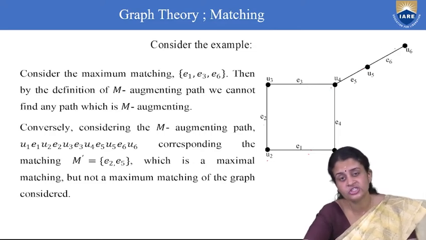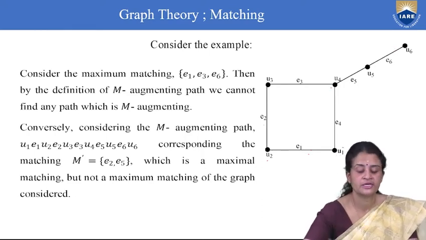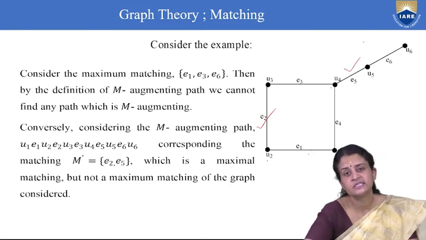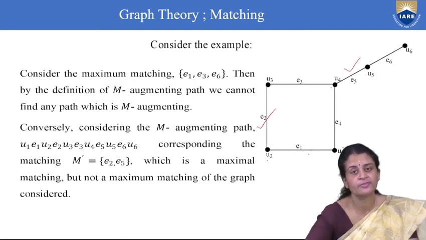But with respect to which matching did we find this M augmenting path? It was with respect to E2, E5. Is it a maximal matching? It is not a maximal matching, and also not a maximum matching. Because in this graph, the maximum matching is this one.